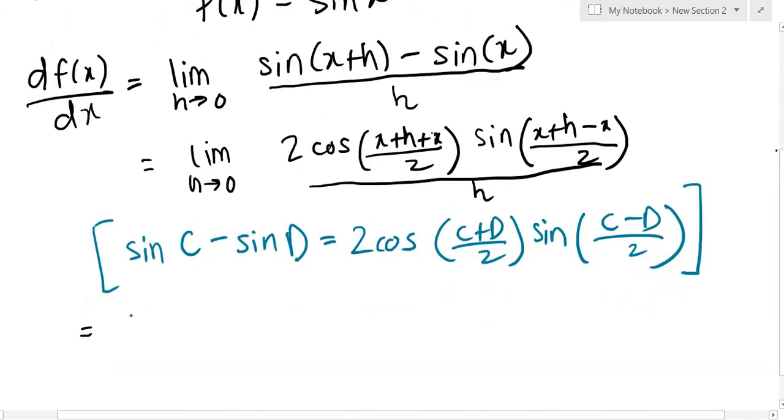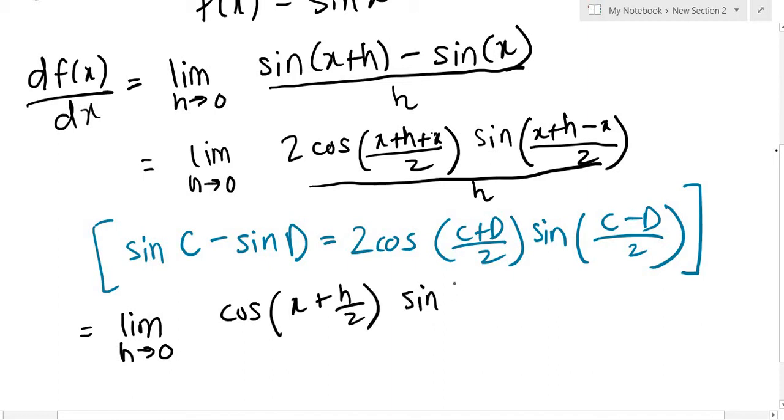Now we definitely care to simplify the numerator of that limit. The limit as h approaches 0 of cos of, so we're going to have 2x by 2, so it's going to be x plus h by 2, times the sine of x minus x is 0, so h by 2. I'm going to pull this 2 down and you will see in a minute why.